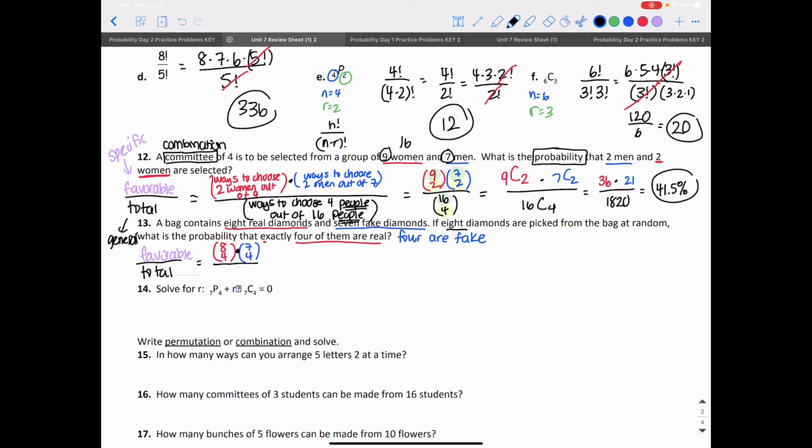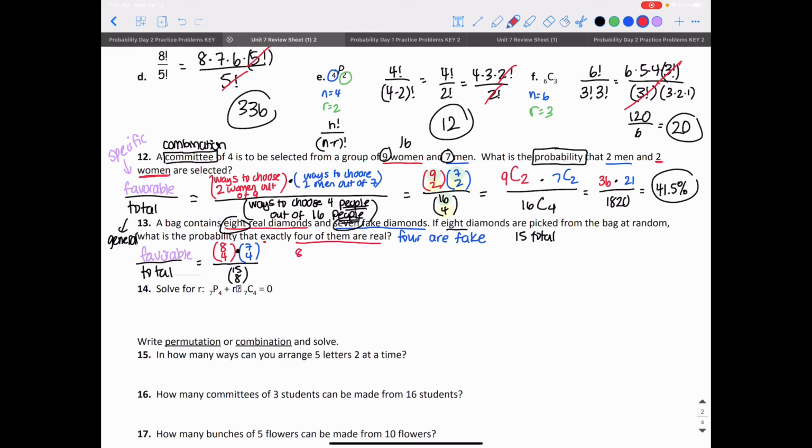And then in the bottom, I'm talking about the diamonds regardless of if they're fake or not. So I want to choose out of, I had 8 plus 7, so 15 total. I'm choosing 8. 8 diamonds are picked. And then I'm going to do this.